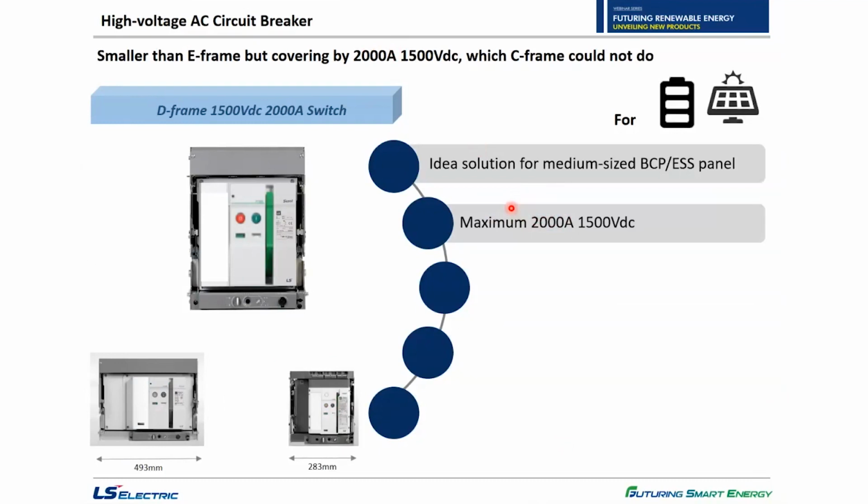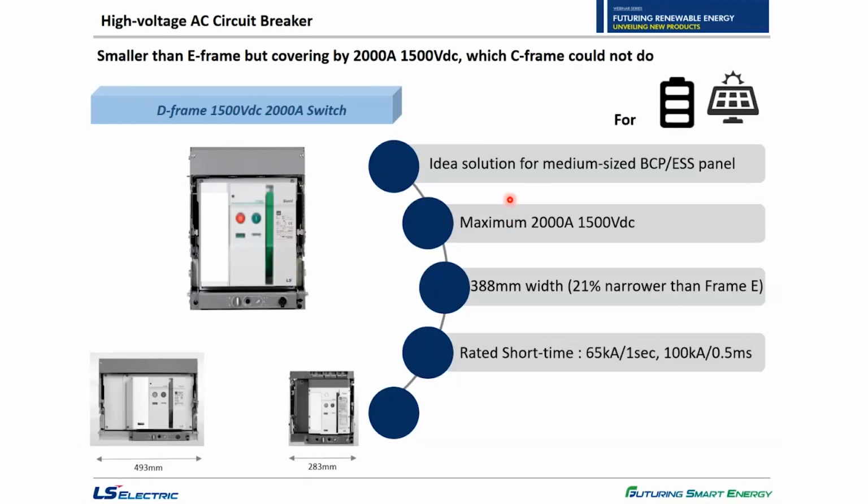Sometimes we need a medium-sized DC switch if the total capacity of batteries does not exceed 1 megawatt or 2 megawatts. Overall specification and mechanical characteristics are almost the same as previous versions. So if you are already familiar with LS DC switch, our D-frame switch will be a compatible option. It should be friendly for you.